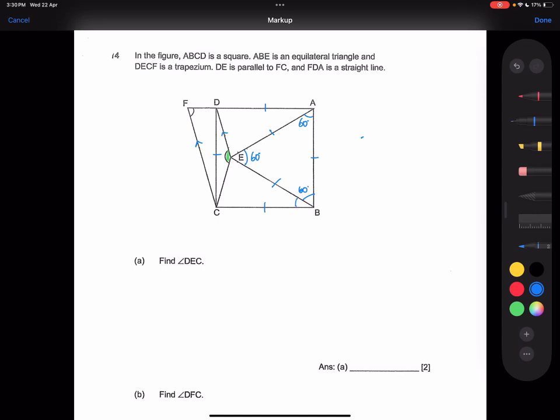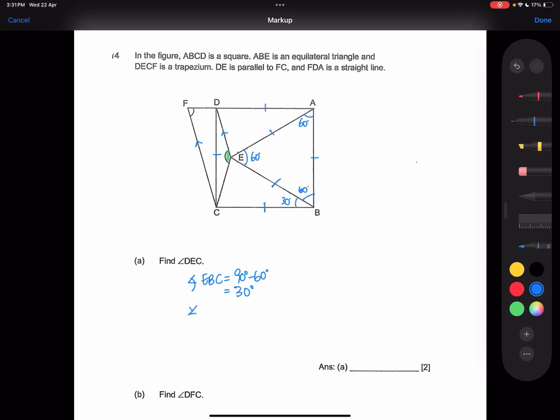And then, given that ABCD is a square, the angle is 90 degrees, which means that angle EBC is equal to 90 minus 60, which is 30 degrees. So this is 30.